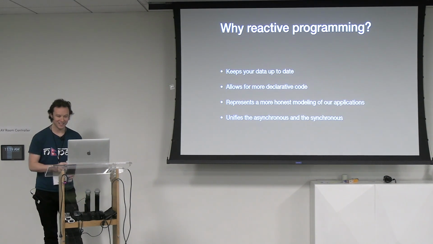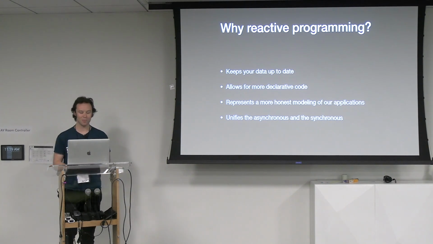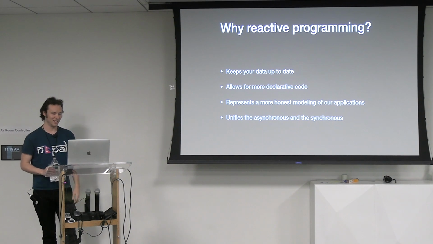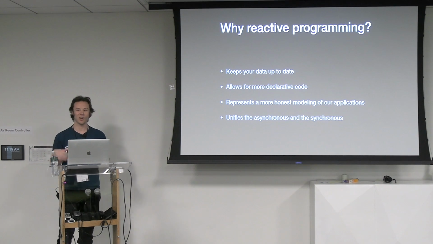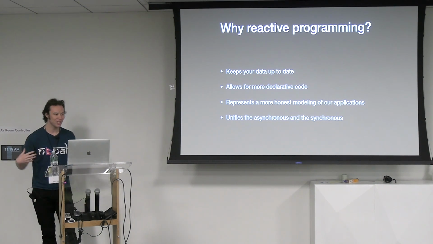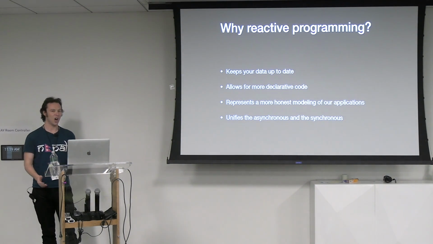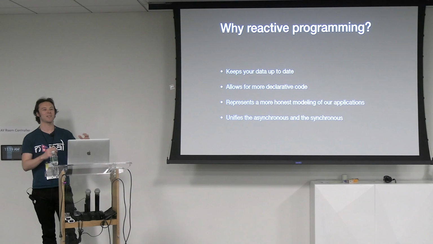One of the points that I like to say about reactive programming, which is definitely a me opinion, is that it represents a more honest modeling of our applications. In our Android applications, we have a lot of things that we like to pretend are synchronous events that aren't synchronous events. So we have all these sources of rabid asynchronousness in our apps, like a user clicking a button, or a user navigating somewhere, or some action happening, something coming from the network, some WebSocket being pushed out.